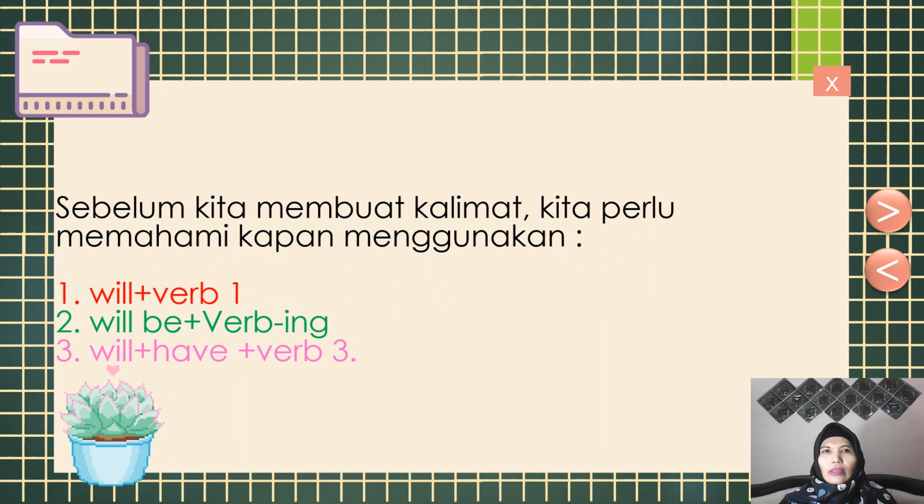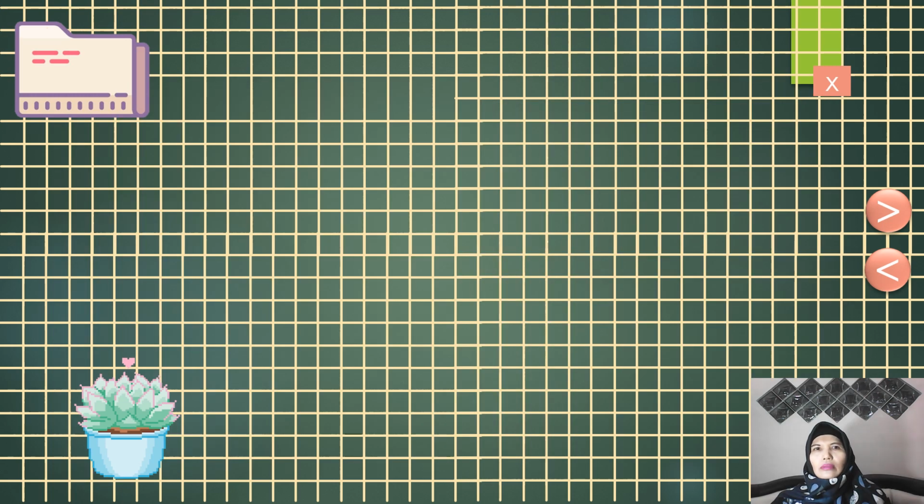Before we make a sentence, we should know the form: will plus verb 1, will be plus verb ing, and will have plus verb 3. And now we will learn the third, will plus have plus verb 3, or we call it future perfect tense.